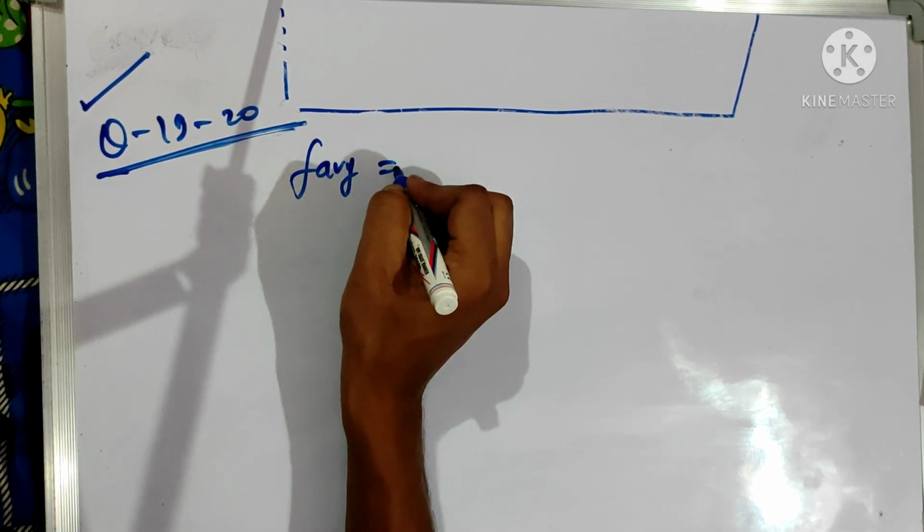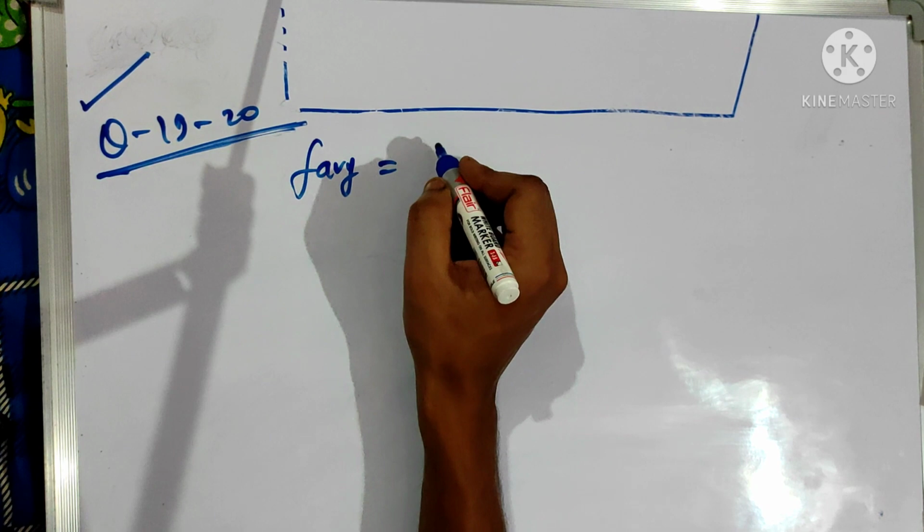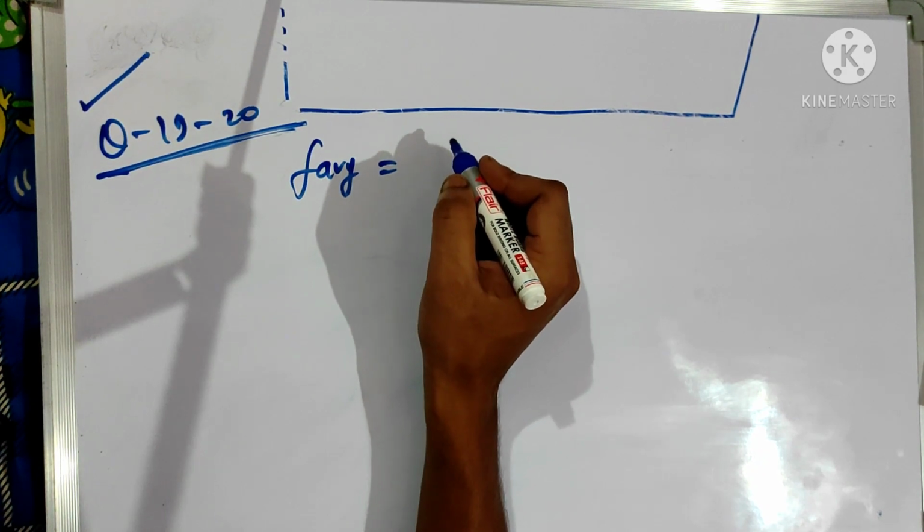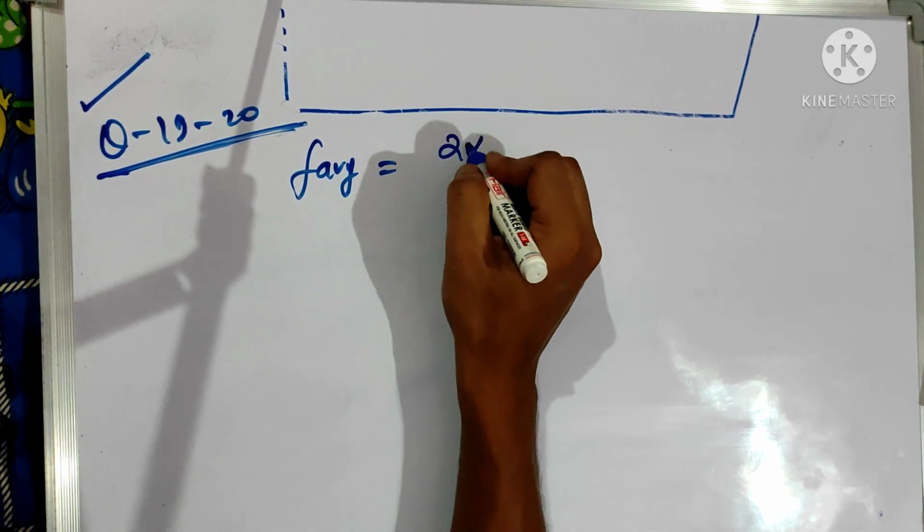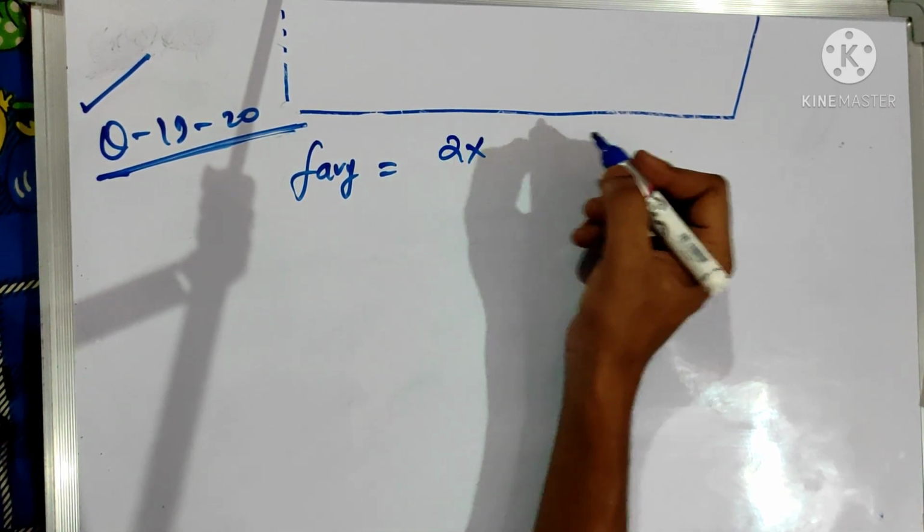The average functionality is equal to 2 times the limiting equivalent.